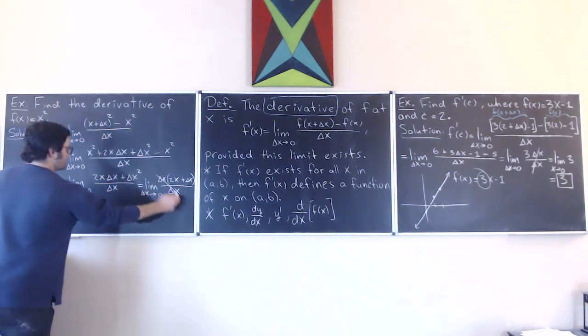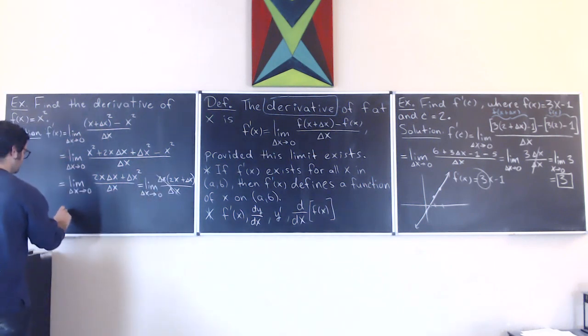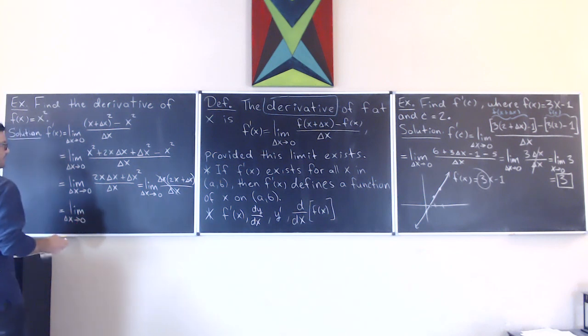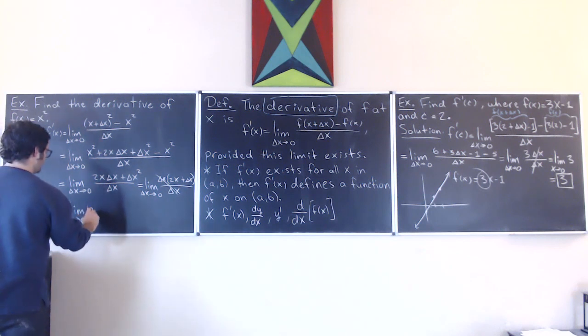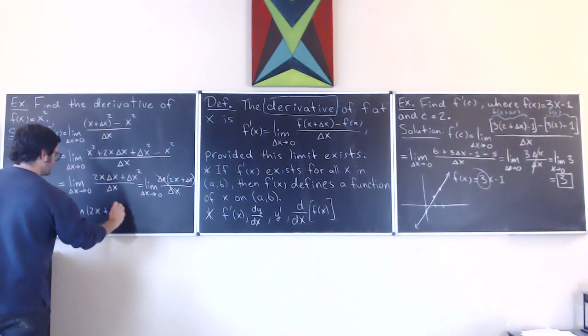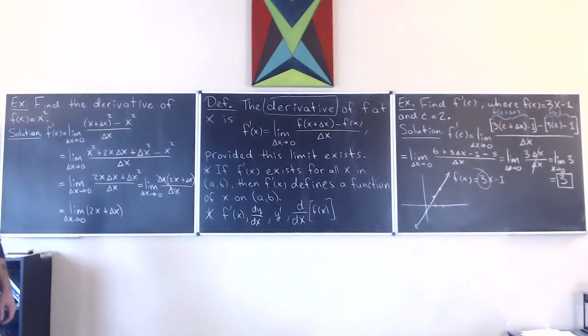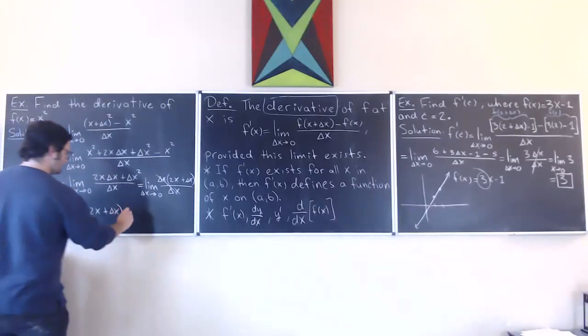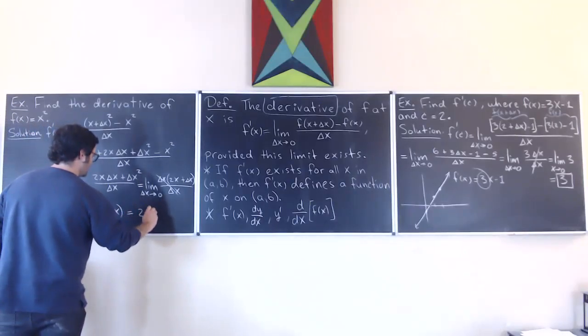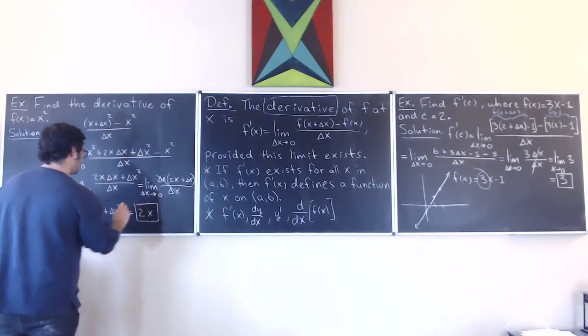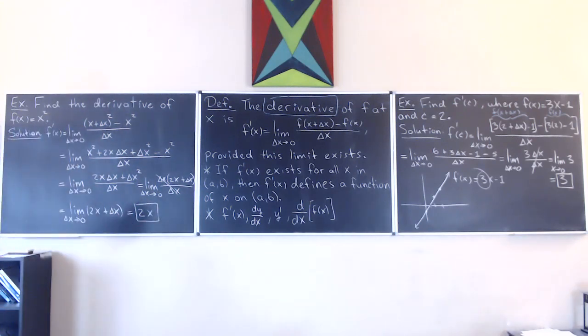Then if we divide that out, with the limit as delta x goes to 0 of 2x plus delta x, this limit is just 2x.